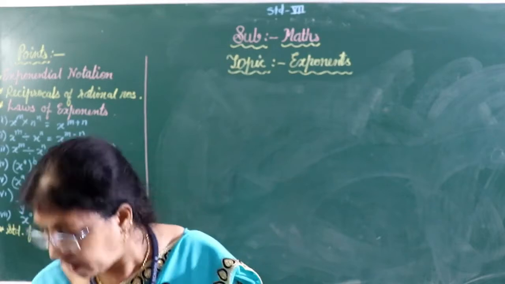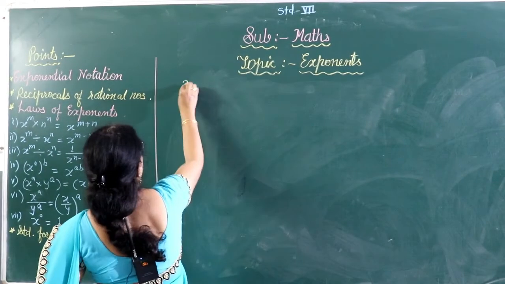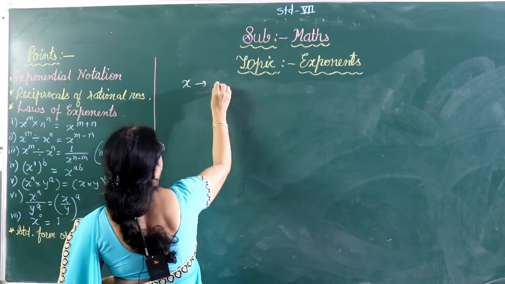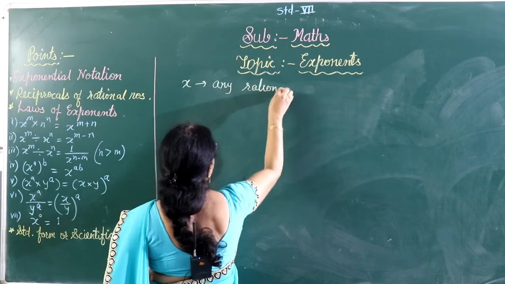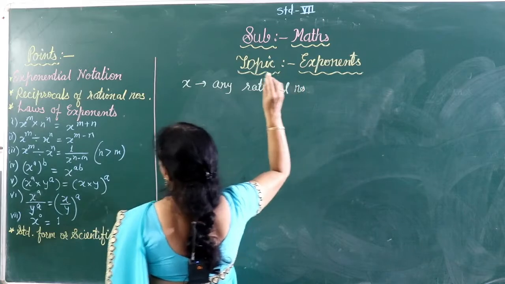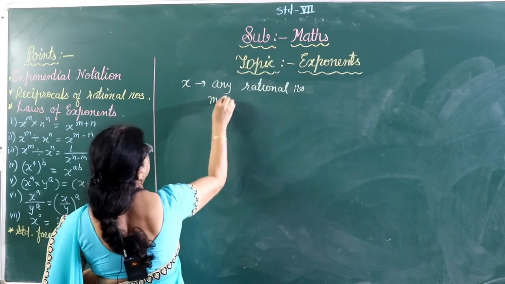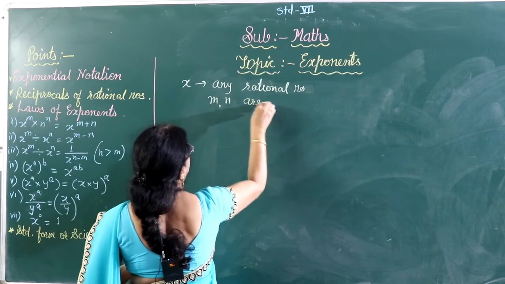See, suppose x is a rational number, and these m and n are integers.